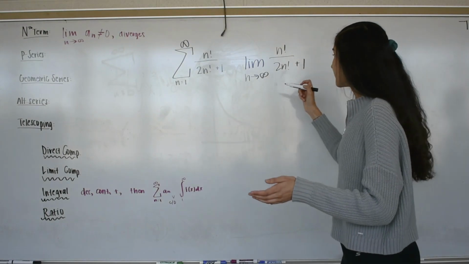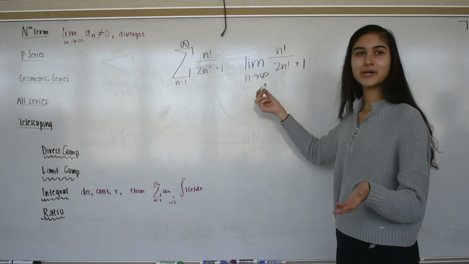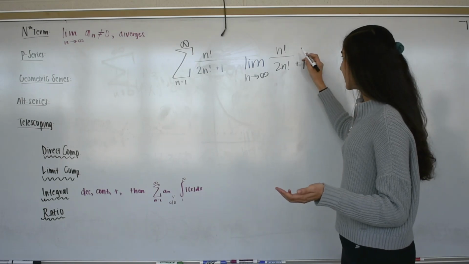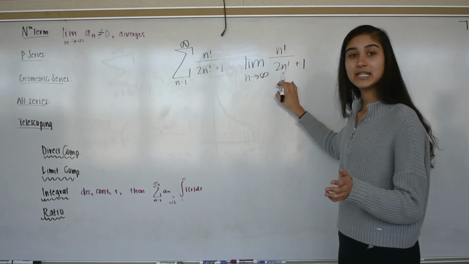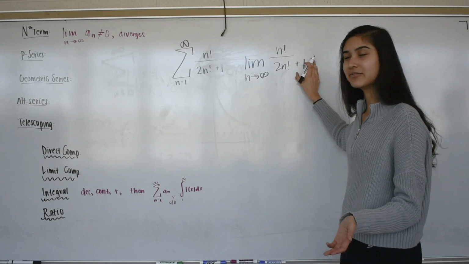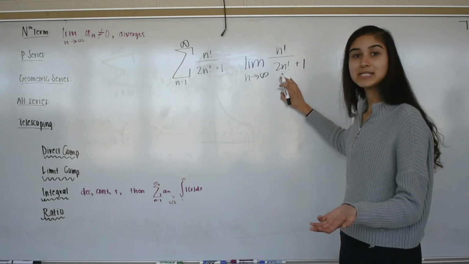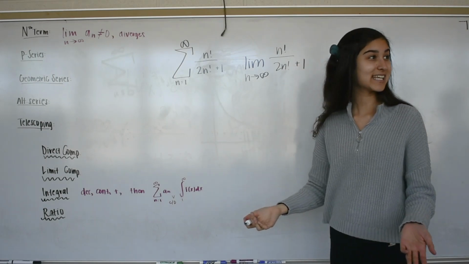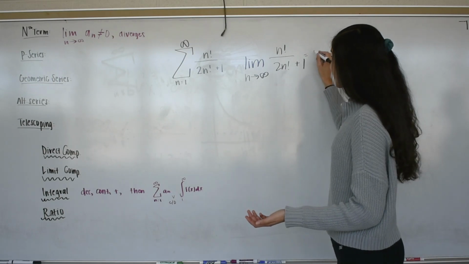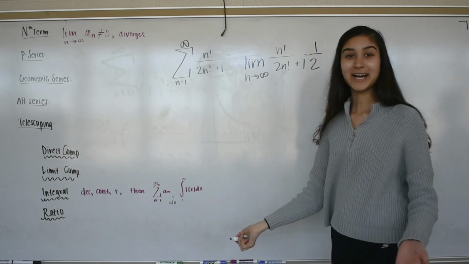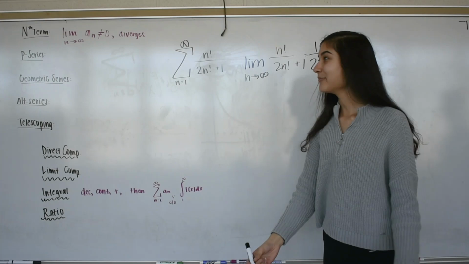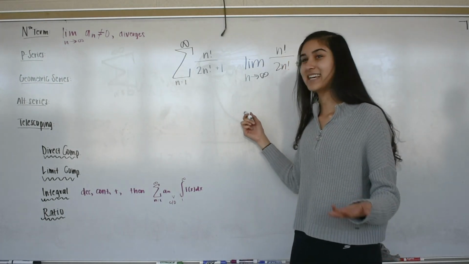Using what we know about limits, we can see that as n approaches infinity, this 1 really isn't significant. However, the bottom is approaching infinity twice as fast as the top. So the limit is 1/2. That means this series diverges.